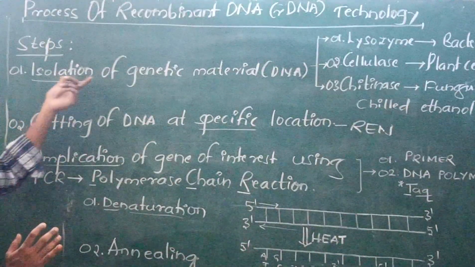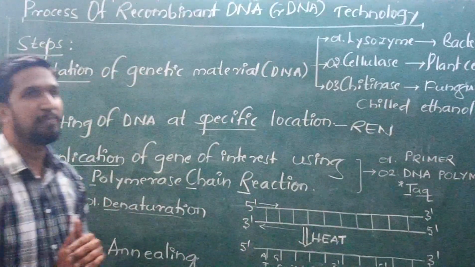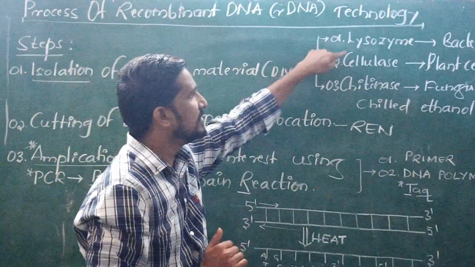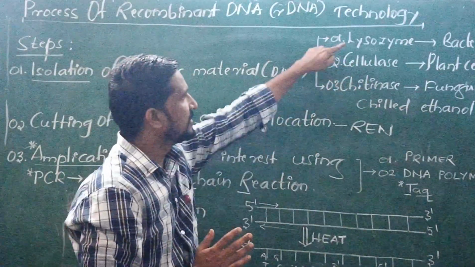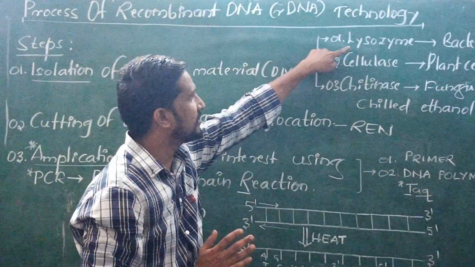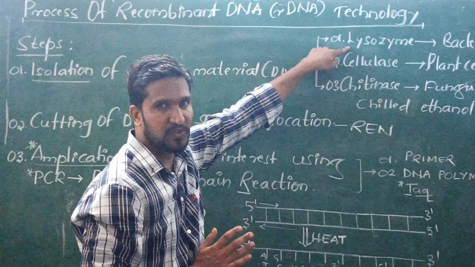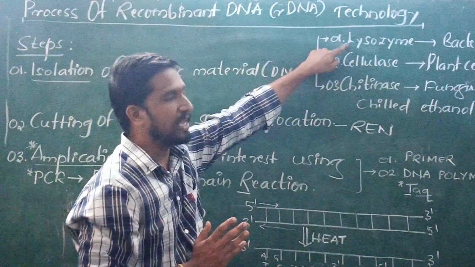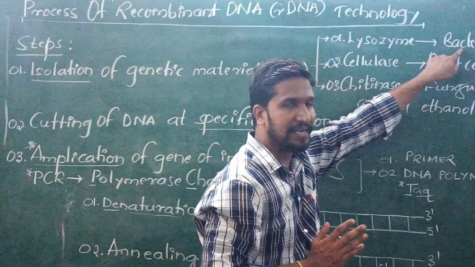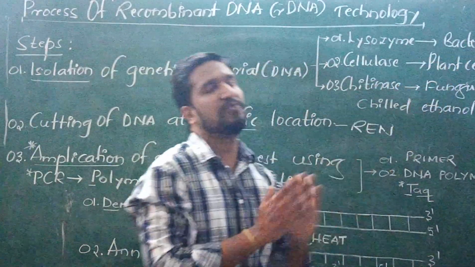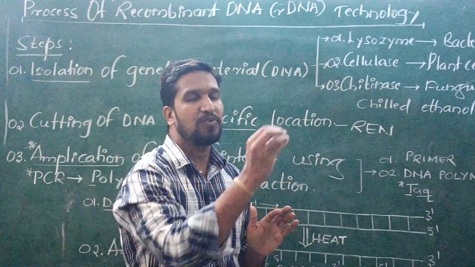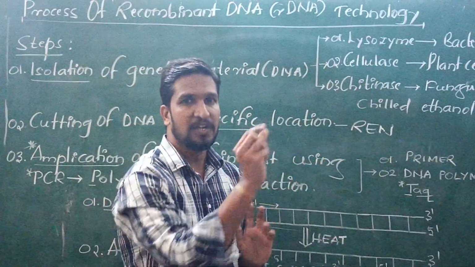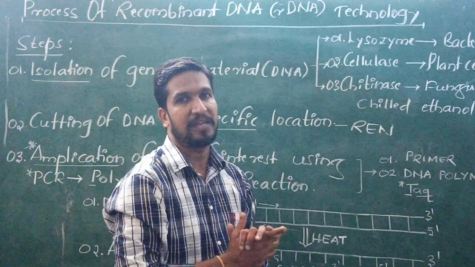Isolation of genetic material can be performed with the help of three sequential steps. The first step: lysozyme is an enzyme used for bacterial cells. Imagine if the desired gene is present in a bacterial cell, we have to add lysozyme enzyme to get the complete DNA.